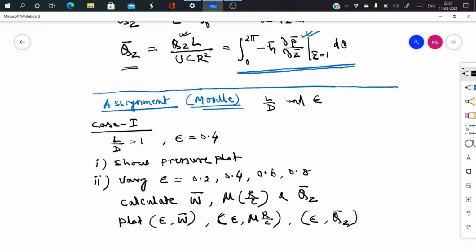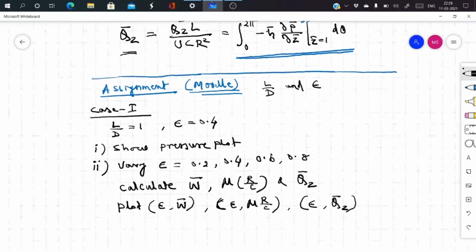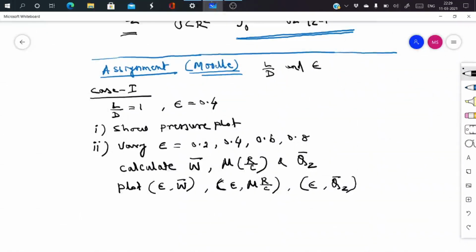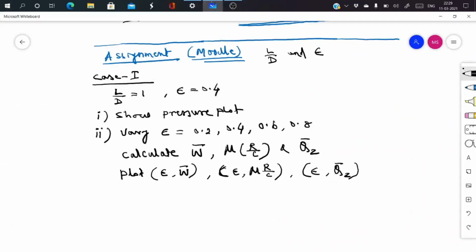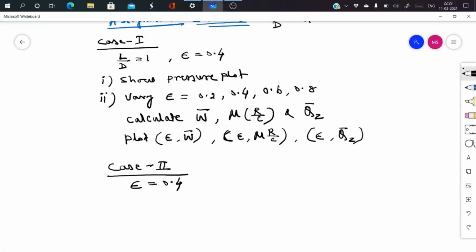So altogether in this case 1 you are going to show 4 plots: one pressure plot in point 1 and 3 two-dimensional plots in point 2. Now come to case 2. In case 2 you take epsilon to be 0.4, then vary L by D equal to 0.5, 1, 1.5 and 2, 4 values.